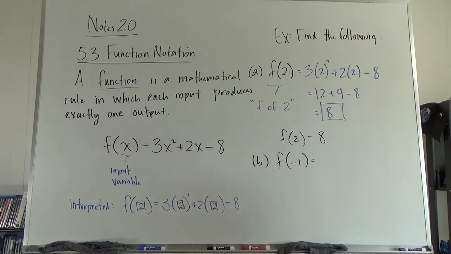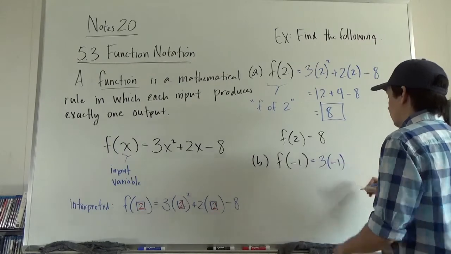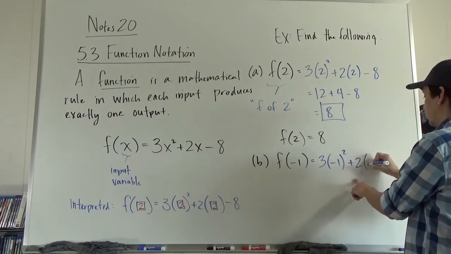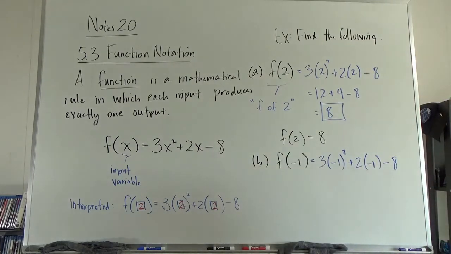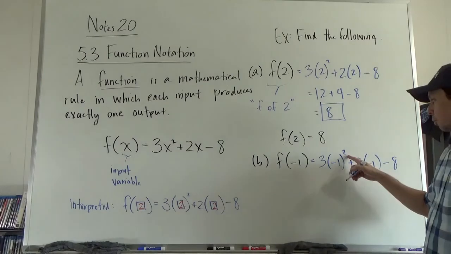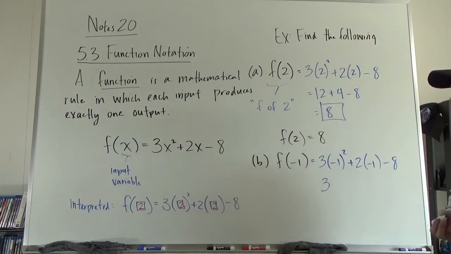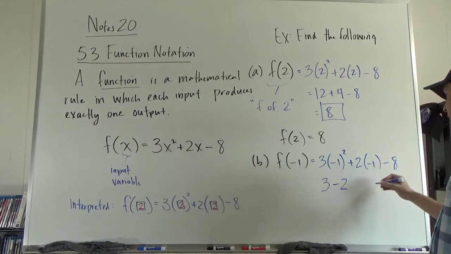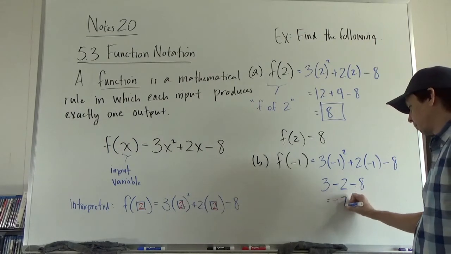I'm going to start though. 3 times x squared plus 2 times x minus 8. Negative 1 squared is positive 1 times 3 is positive 3, so that negative gets squared out. That negative does not. That's minus 2, and that minus 8 on the end is still there, so this is going to be negative 7.